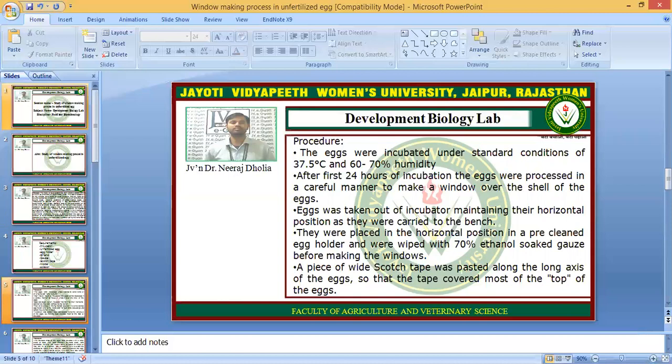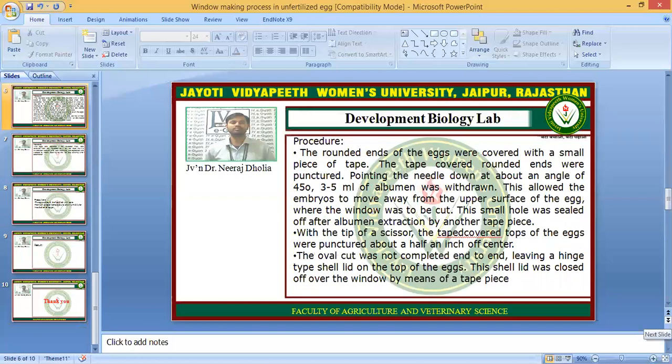A piece of white scotch tape was pasted along the axis of the egg so that the tape covered most of the top of the egg. Now the rounded ends of the egg were covered with a small piece of tape, and the tape-covered rounded ends were punctured using a needle.